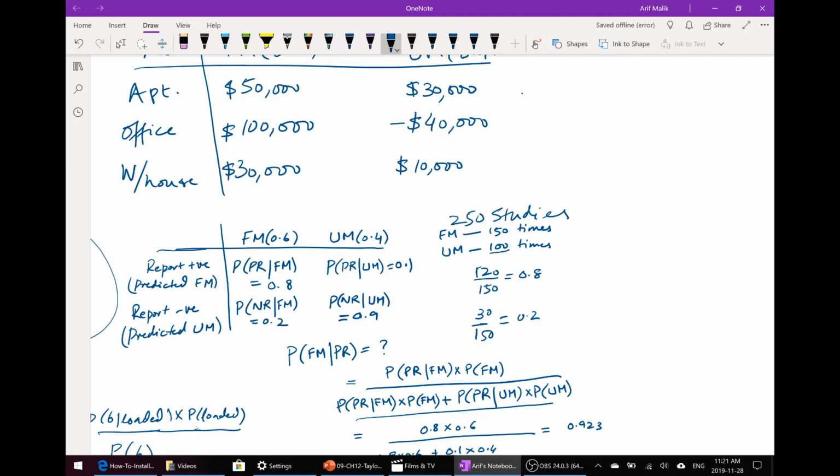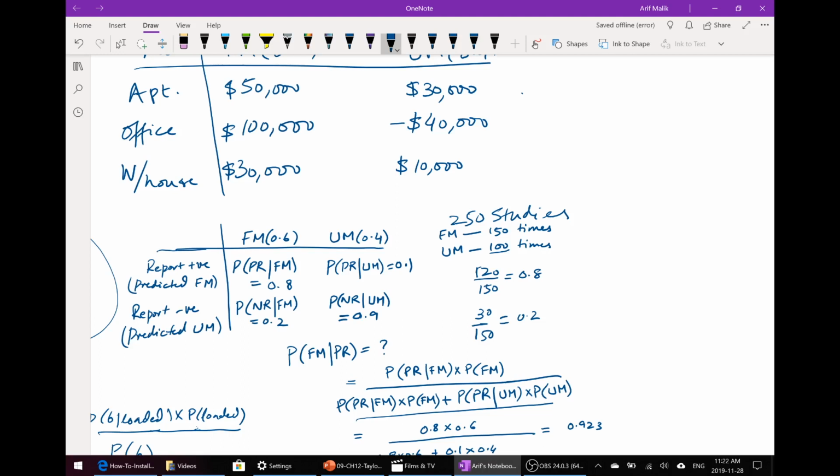So we will draw this decision tree, and we have said earlier that decision trees are helpful in sequential decision making.